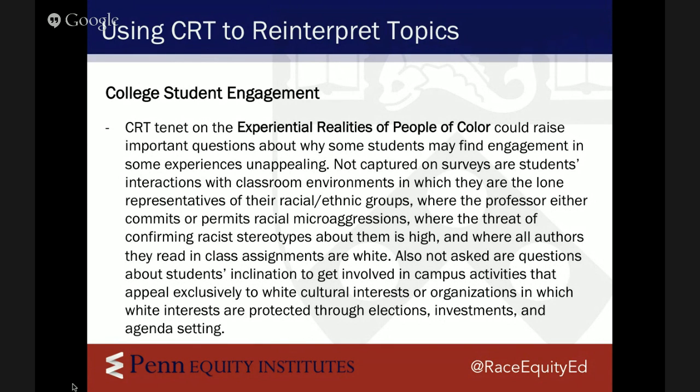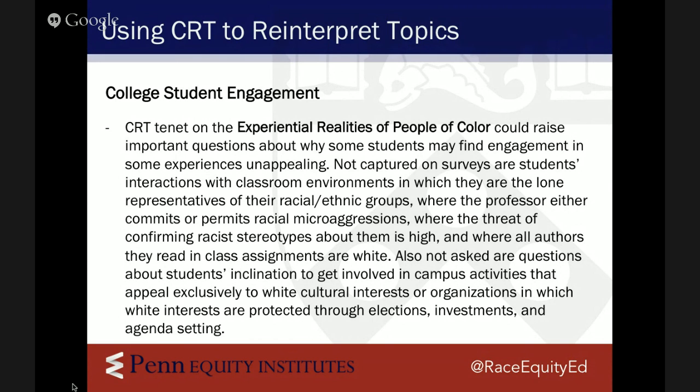So very rarely do we ask students, when we're asking them how engaged they are in the classroom, how many people of your same racial group were in that class that you took in which you were disengaged, right?